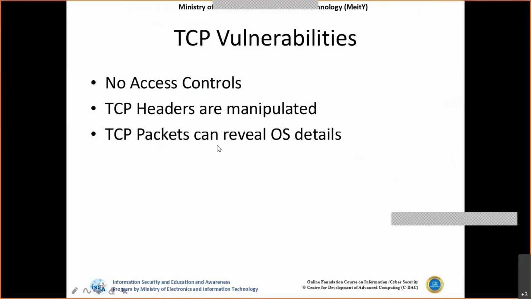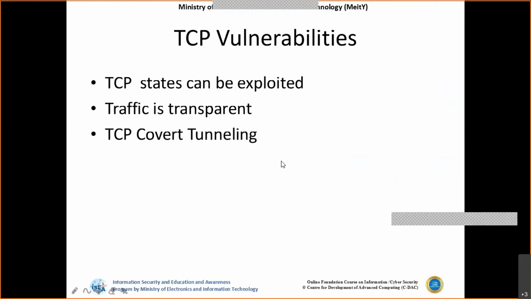And TCP packets can also reveal certain OS details based on the window size. As we have discussed, there is a parameter of window size in the TCP protocol, where a window size can be decided to determine how much throughput can be put into the packet. So that kind of parameter will also reveal the OS details with respect to TCP.